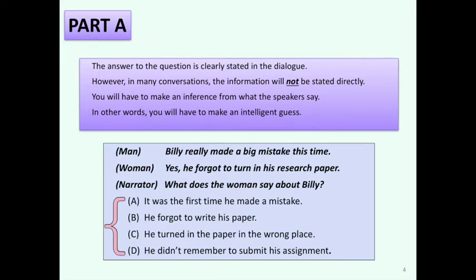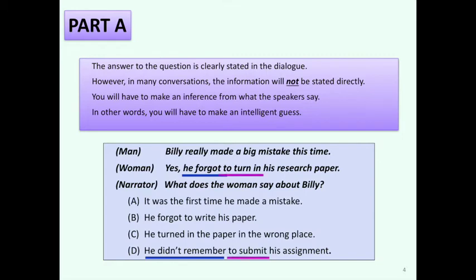None of these answers are exactly what was stated in the conversation. That means you have to make an inference. So let's look at what was stated. Yes, he forgot to turn in his research paper. Look at the last answer, D. He didn't remember means the same thing as he forgot.